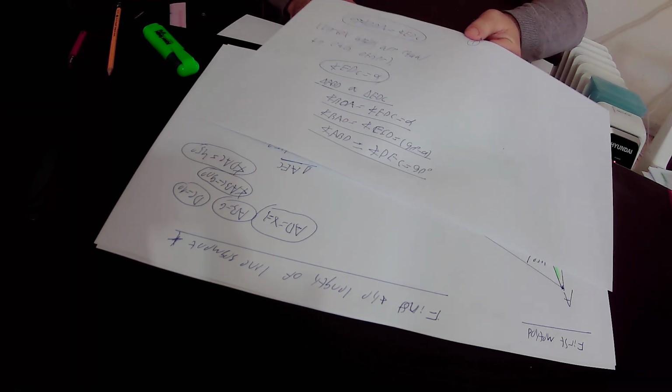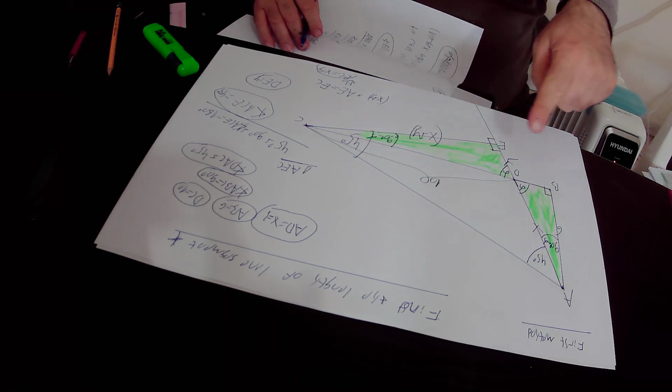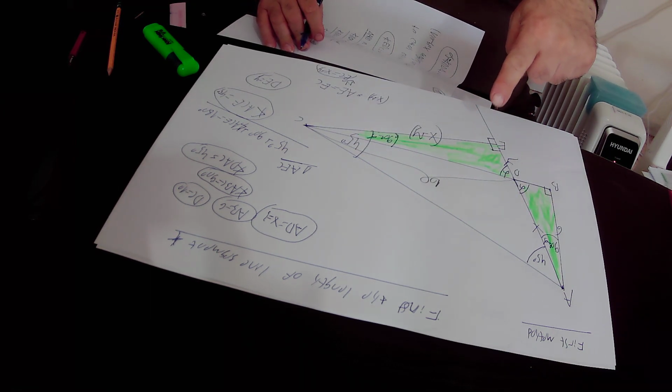So we actually proved that all the angles of triangle ABD are congruent to all the angles of triangle DEC.